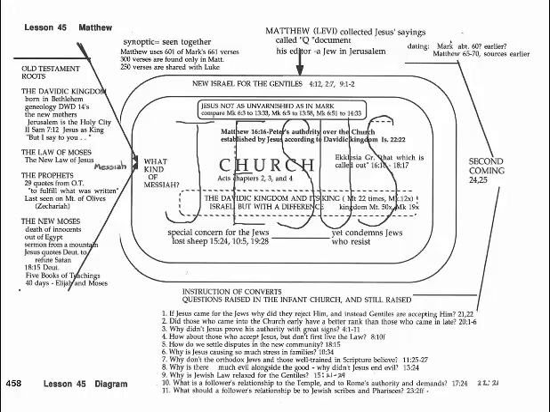Now, what is the interest of the writer of Matthew in Jesus' words, and what is his concern? It is with Jesus now surrounded by those two concentric, what are they there? Not circles.